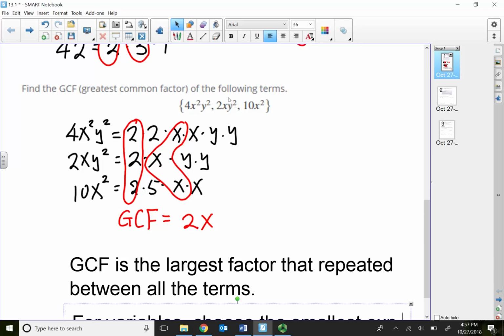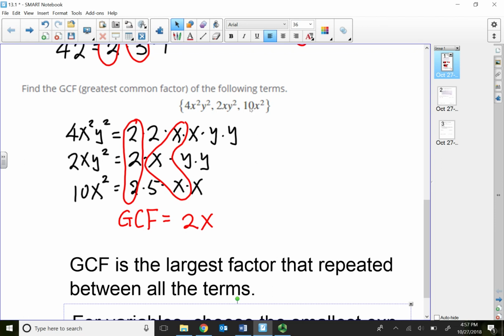So we always have to choose the smallest exponent, because the smallest exponent will repeat between all the terms. Now, why don't I pick any y? The first term has y squared, the second term has y squared, but the third term does not have a variable y. It's actually y to the 0 power. By choosing the smallest exponent, y to the 0 power is equivalent to 1. That's why I didn't write anything about y.